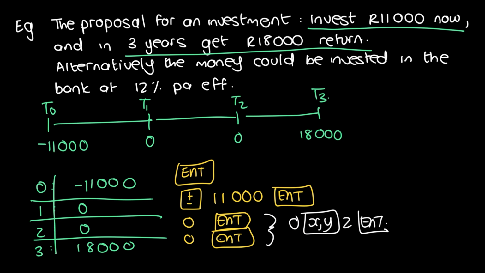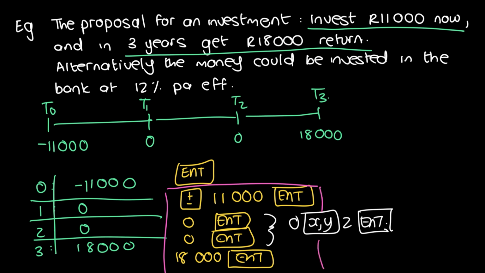The xy is telling us we enter 0 twice, and then we would enter the 18,000. So we will be entering the information exactly like we would for the NPV calculation. If you haven't looked at the NPV calculations, that may be of interest to you. But the idea is we put all our information in the table.